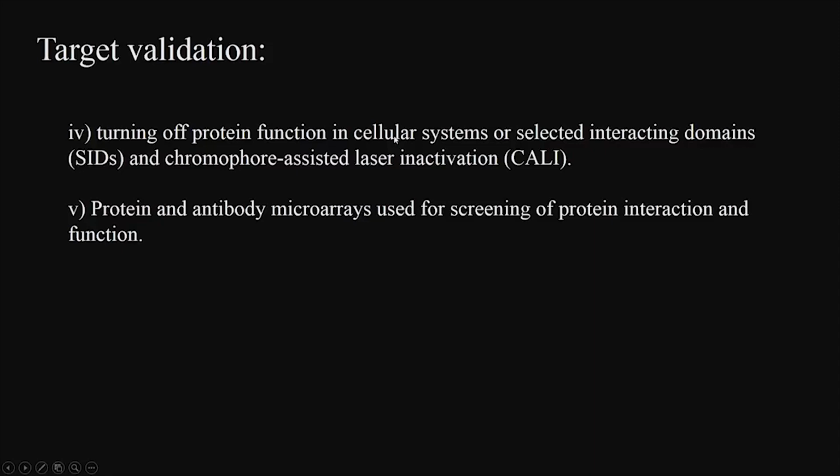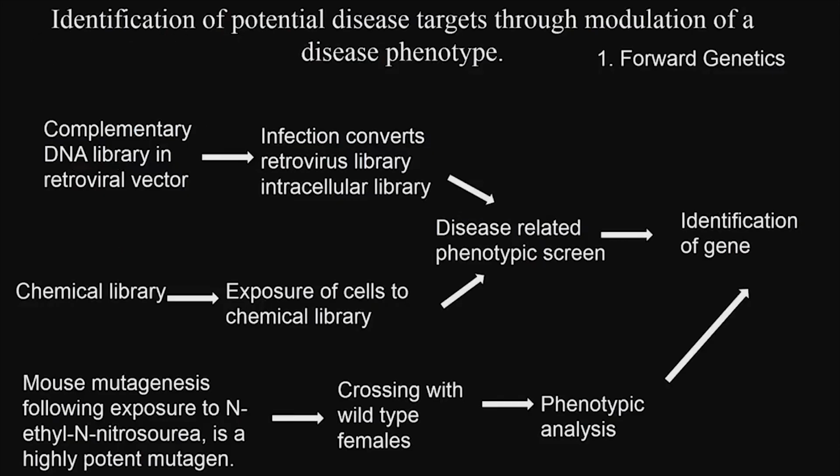You turn off the protein function by using external techniques, and then you look at a large number of microarrays, so that you get a protein antibody interaction, and that way you validate your target. A large number of approaches are available.